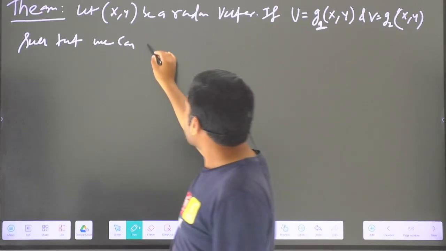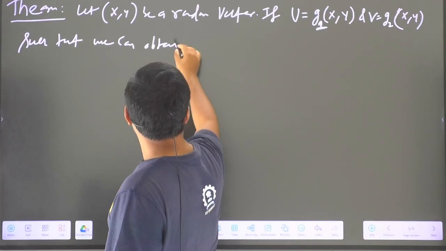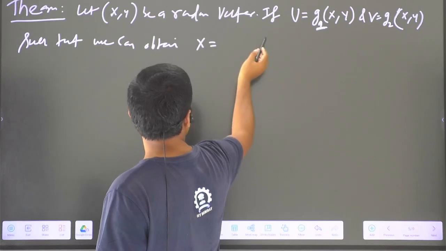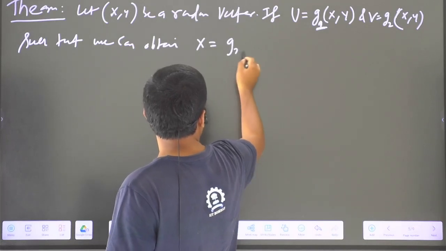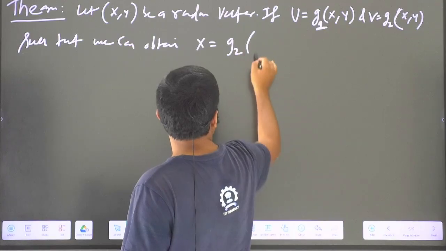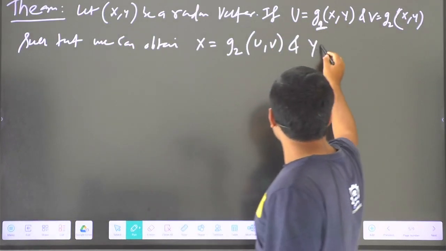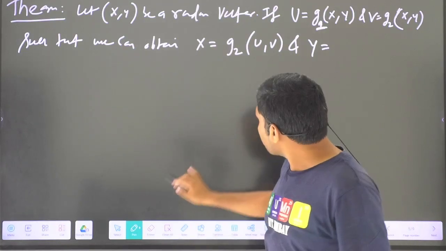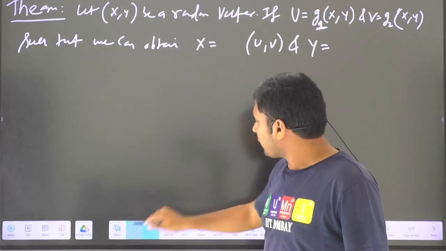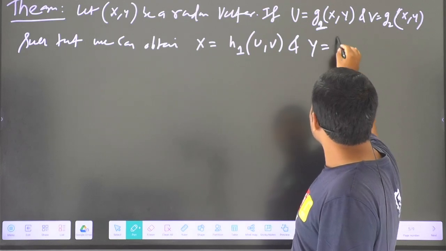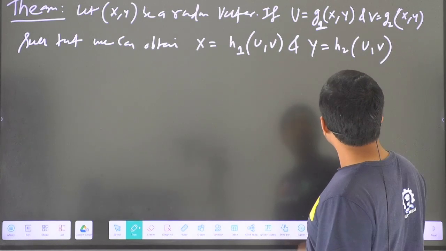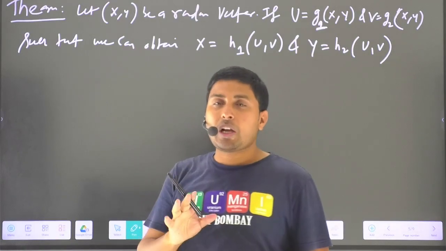So such that we can obtain X, which is some function of U, V, and Y, which is some function of U, V. It's not g2, let's name them h1 and h2, uniquely, meaning it should have a unique inverse.